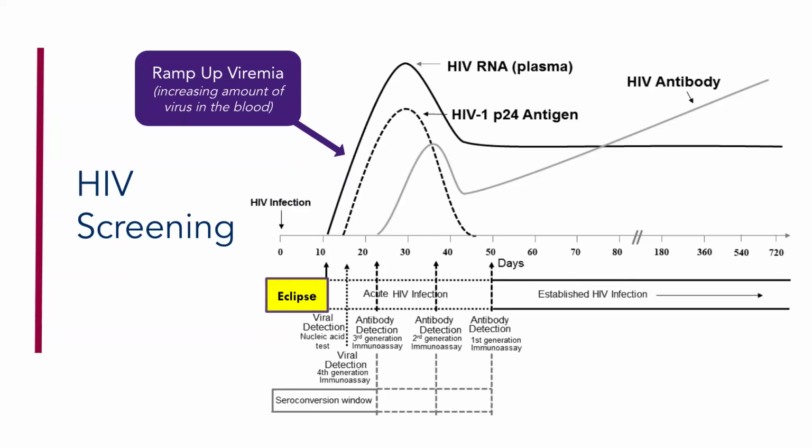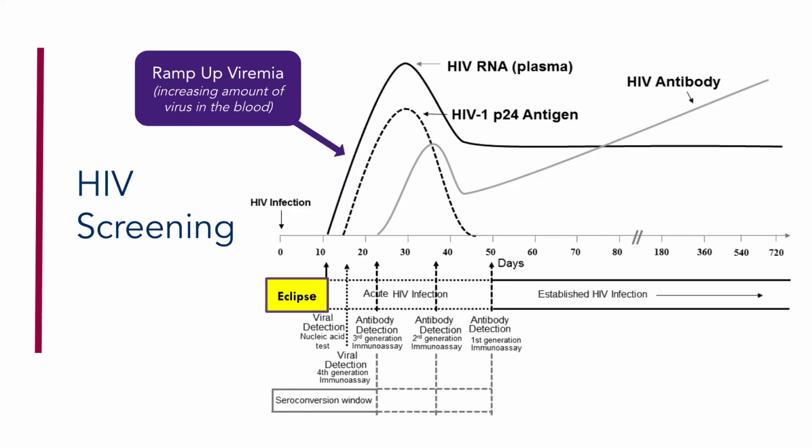So you have this very rapid ramp up phase of viremia, during which the viral load begins to rise very quickly. The very first test that can become positive in an HIV individual is the HIV viral load. However, most screening tests do not do the viral load first, just because it's a more costly and time-consuming test, and it can't really be done rapidly.